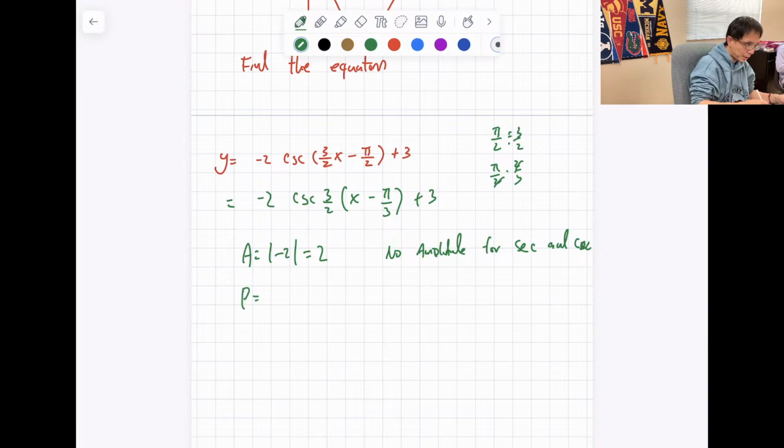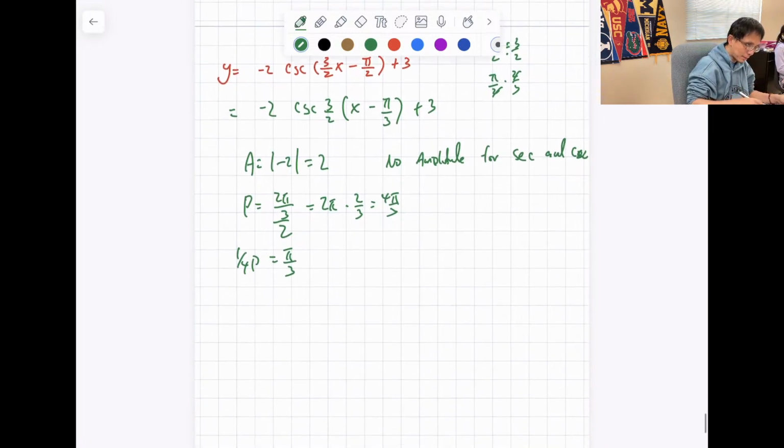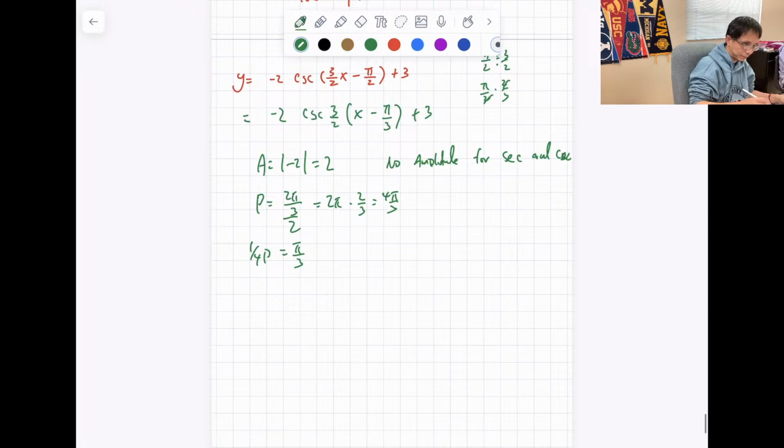So the period is 2 pi over 3/2. That's 2 pi times 2/3, so 4 pi over 3. And the quarter period is pi over 3, which is nice because it's the same as the horizontal shift.